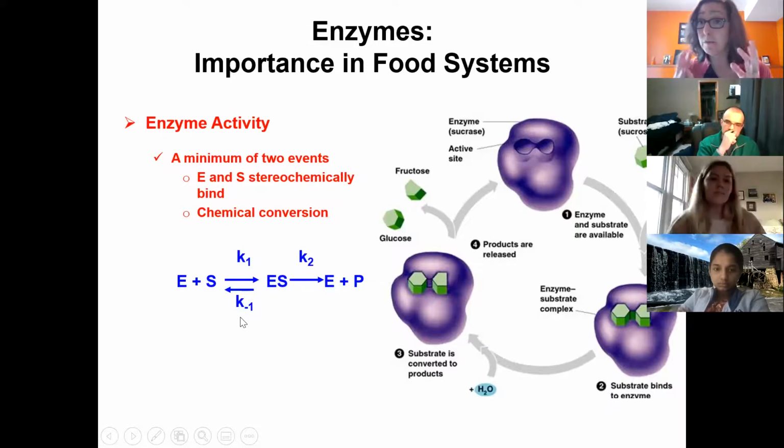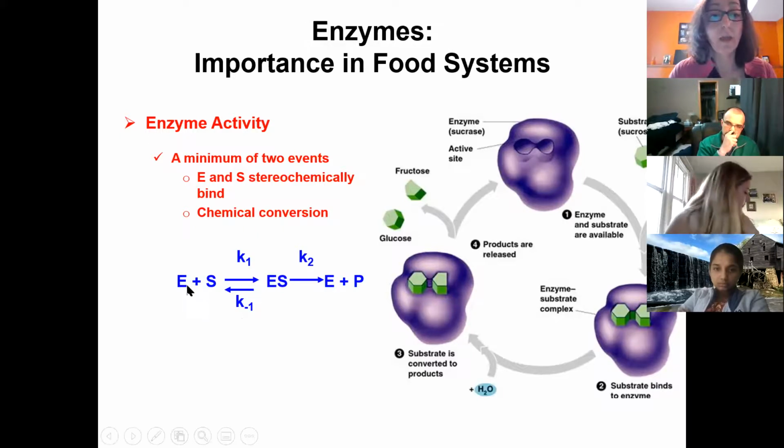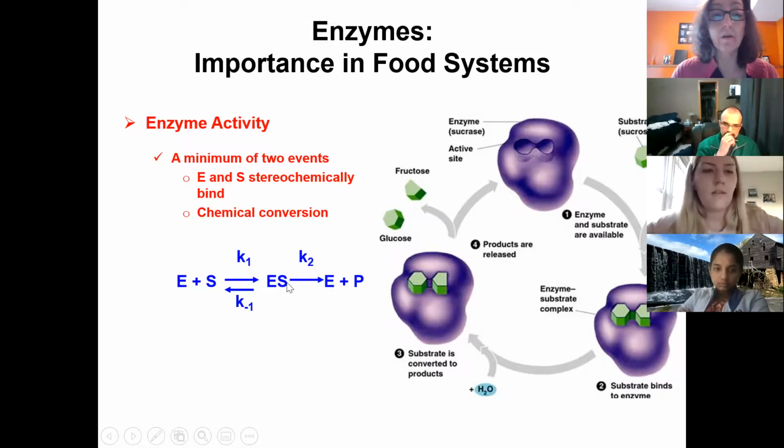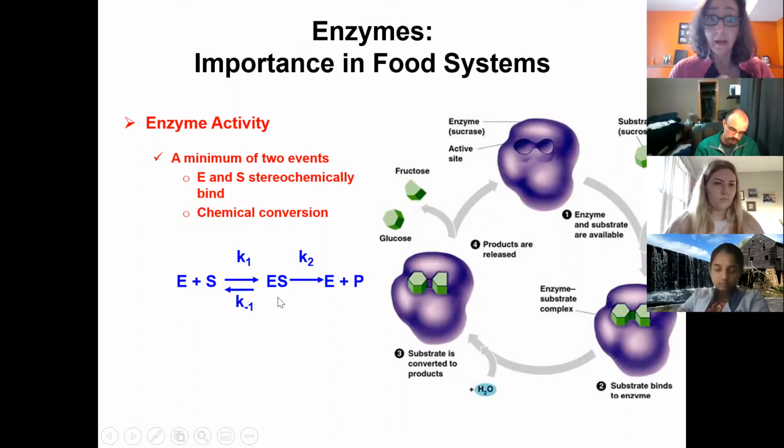So if we want to think about rate of reaction, you have three things going on here. You have the E plus S forming the ES, so you have the rate of formation of ES. And then you have the rate of formation of the product, so you have this rate of the reaction, K2, formation of the product. And then you have another reaction happening, which is the reversal, because the ES can also dissociate into E plus S. So you have a rate of appearance.